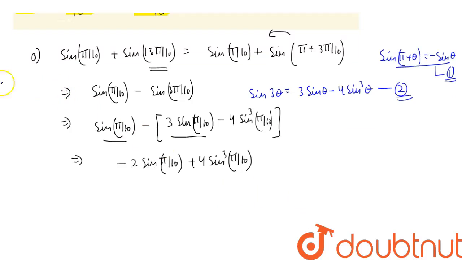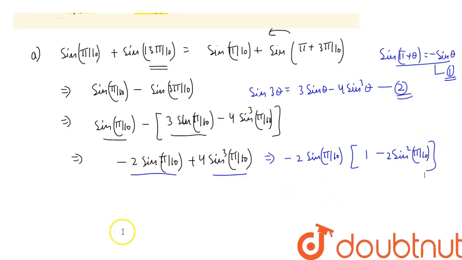Now we take the minus twice of sine pi by 10 common outside. Inside the parenthesis we are left with 1, and here we are left with minus twice of sine square pi by 10. So here we have got this result.